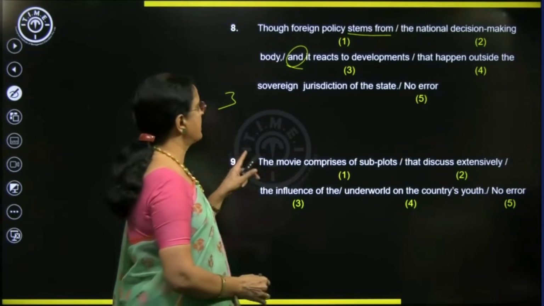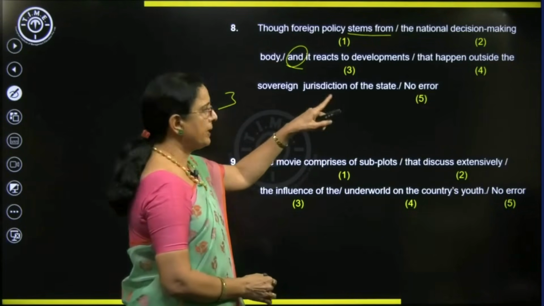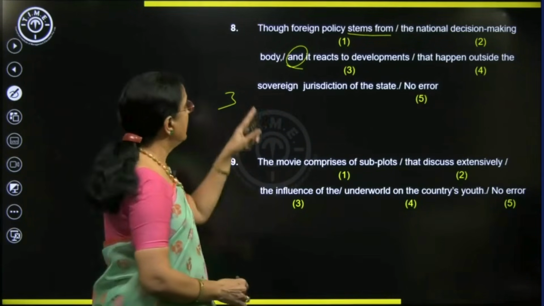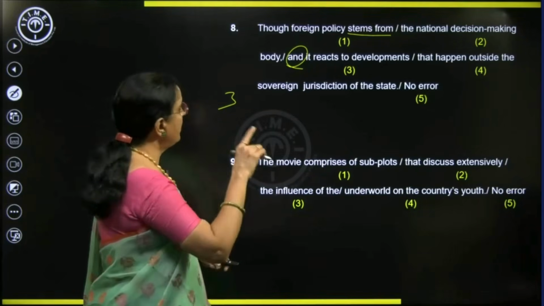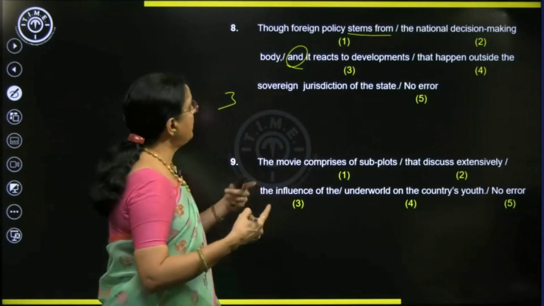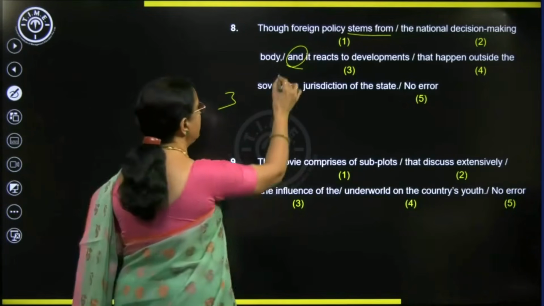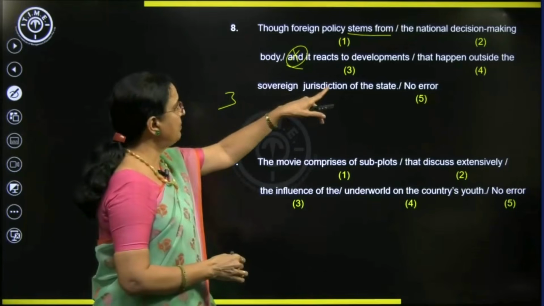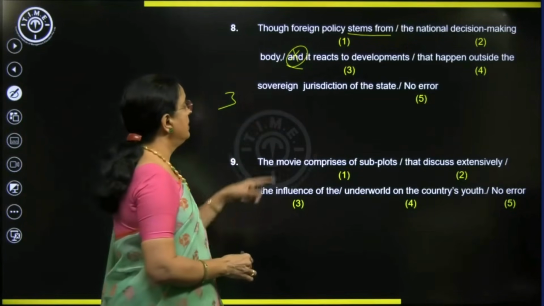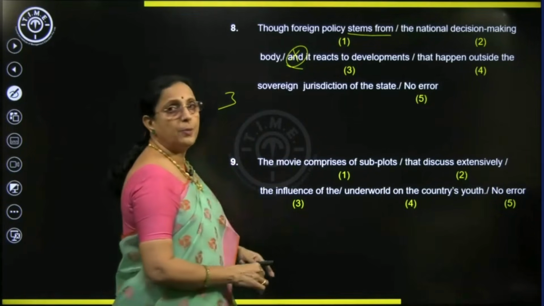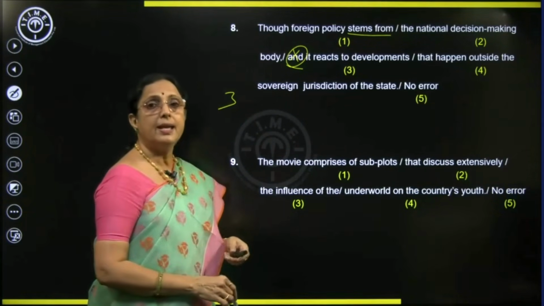But let me discuss that. That happened, correct, outside the sovereign jurisdiction of the state. Perfect. Now, coming to this one, though foreign policy stems from the national decision making body, and it reacts, not necessary, and is wrong here. So, though that happens, it reacts to developments that happen outside the sovereign. So, though and are not necessary. This is an inappropriate usage of the conjunction and.